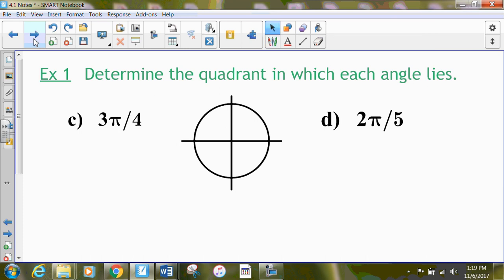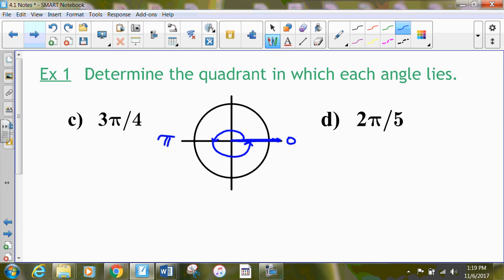So let's look at 3 pi over 4, and when I think about it, let's look at this unit circle first of all that we have. And let's look at the degrees that we understand so far. If my initial side was this and my terminal side was this, well, it's 0 degrees, right? If I go all the way around, halfway around, I know that's pi, because I know all the way around is 2 pi.